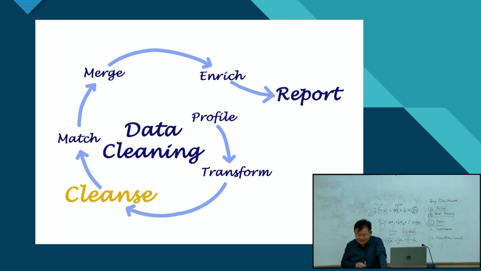Data cleansing is the process of fixing or removing inaccurate, incomplete, or irrelevant data from a data set, table, or database. When we collect data, there are many kinds of bias. Bias means inaccurate data, incomplete data, or irrelevant data. This is the error data.